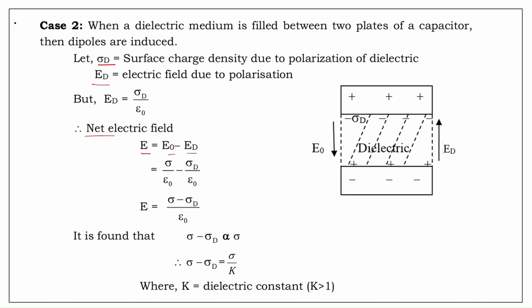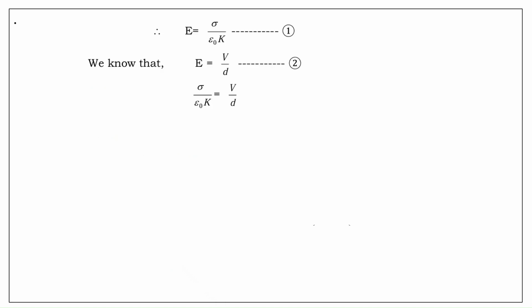It is found that sigma minus sigma d is directly proportional to sigma. Therefore, sigma minus sigma d is equal to sigma by K, where K is dielectric constant. Therefore, E is equal to sigma by epsilon naught K. Mark as equation 1.